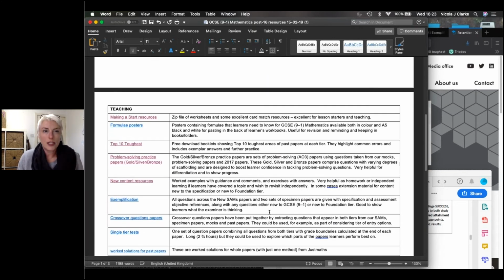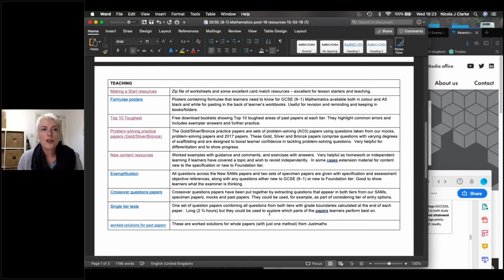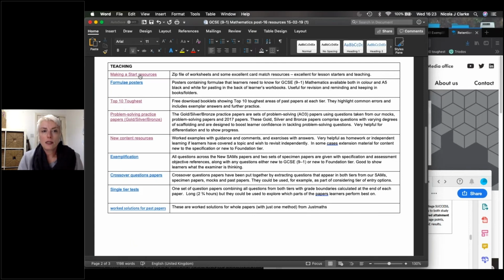So actual teaching resources for use in the classroom. Again, with the Making a Start guide and the post-16 cabinet that we've got in Emporium, there is a pack of resources in there already, which has some really good card sorts in it, covering the topics, as I say, thinking particularly about metric conversions, percentages, fractions as some key areas.